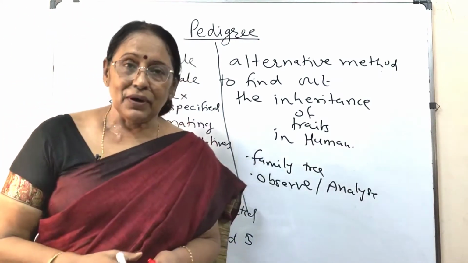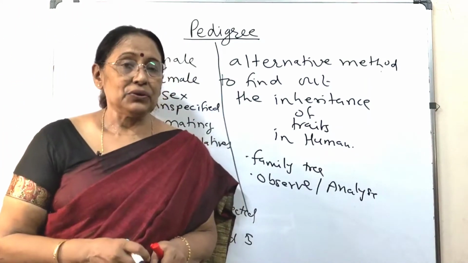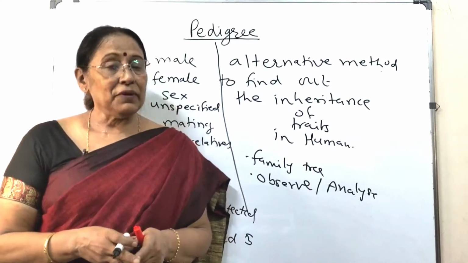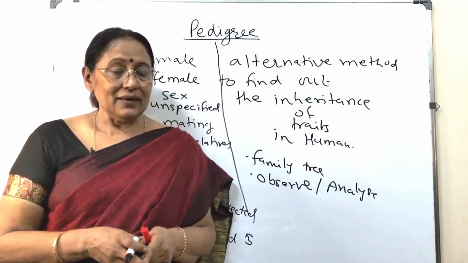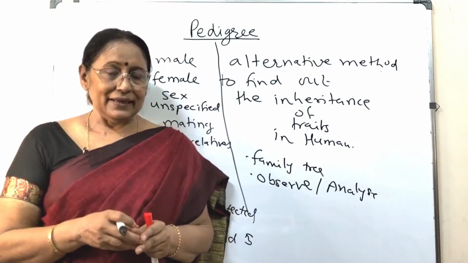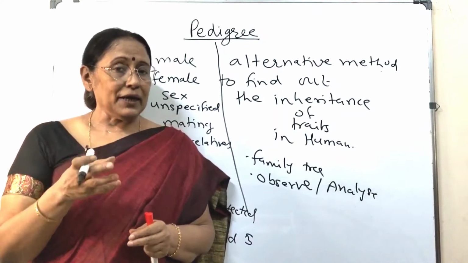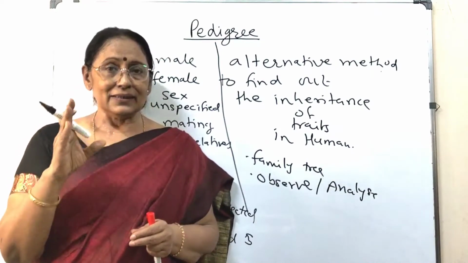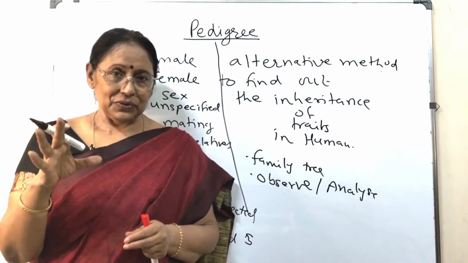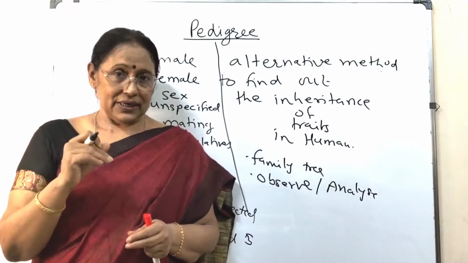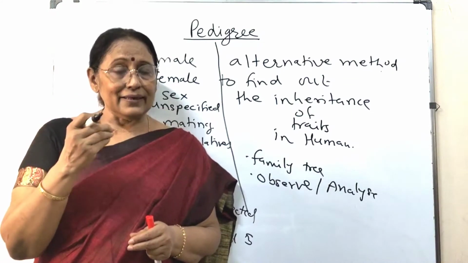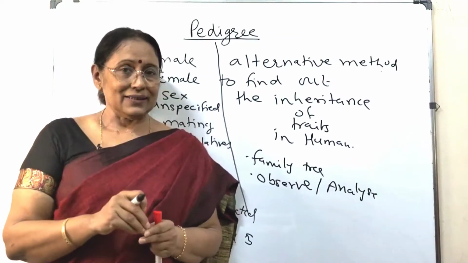By using these symbols, I will show you how to prepare the pedigree chart and then how to analyze it. But before that, we need to see these traits, the traits for diseases we will be studying here now. So these traits might be autosomal or they may be sex linked. Sex linked means present on the X or Y chromosome. And accordingly, what are their characters, how to observe and analyze and tell whether it is autosomal or sex linked.